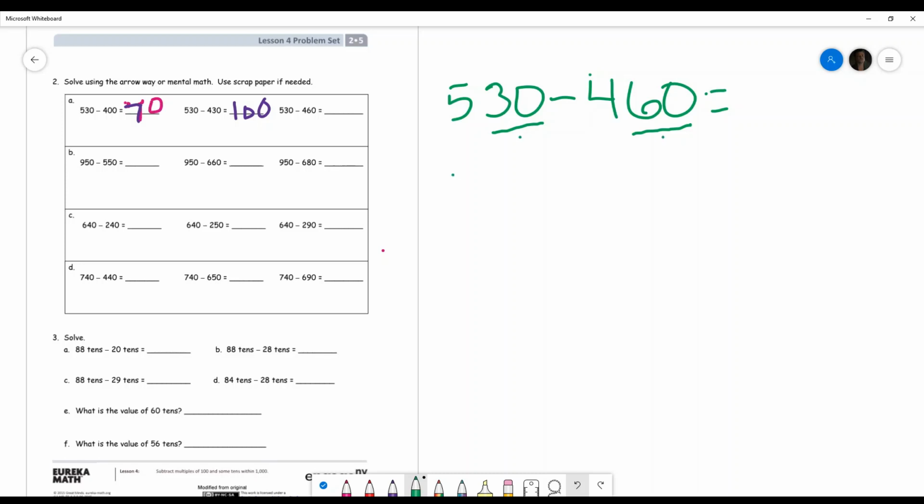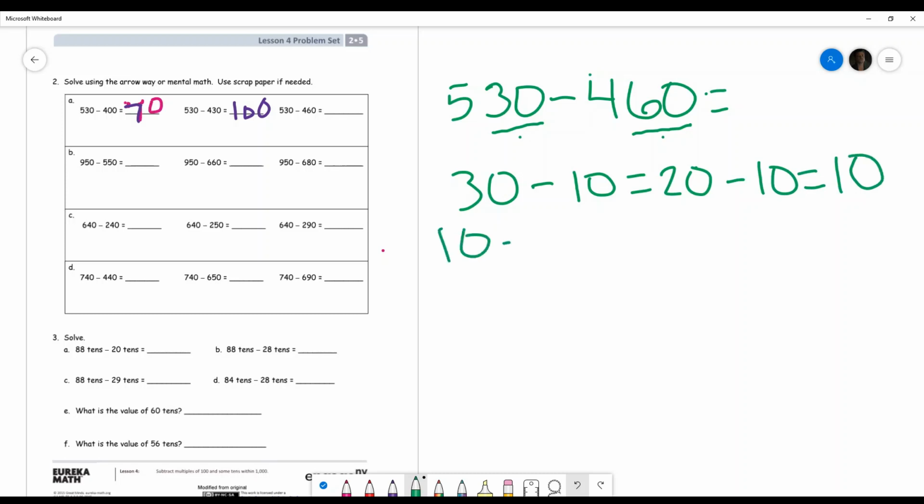So I'm going to take 30, I'm going to minus 10 equals 20. Minus 10 equals 10. And then 10 minus 10 equals 0. I'm going to stop there.